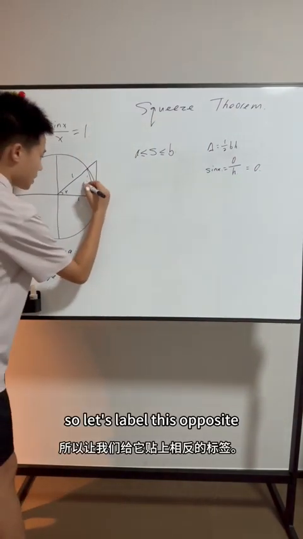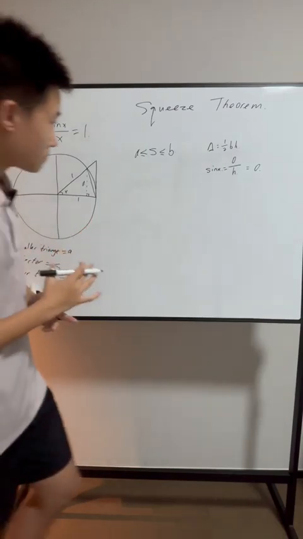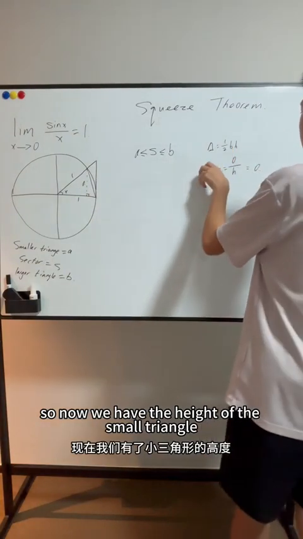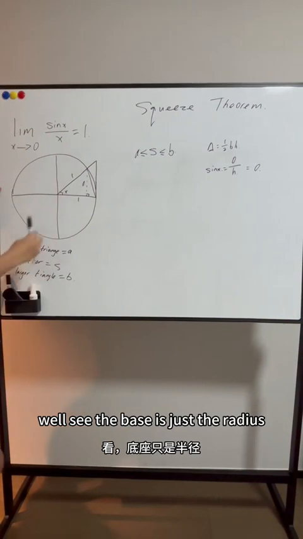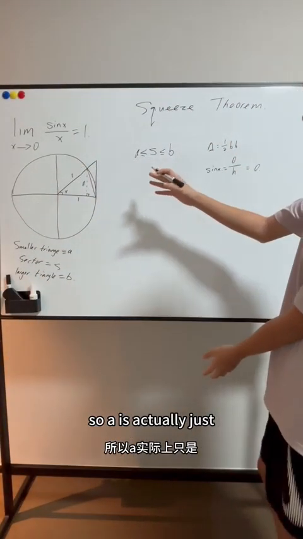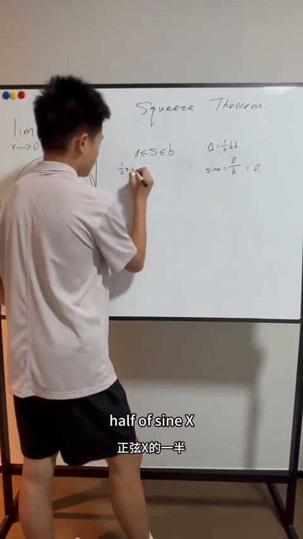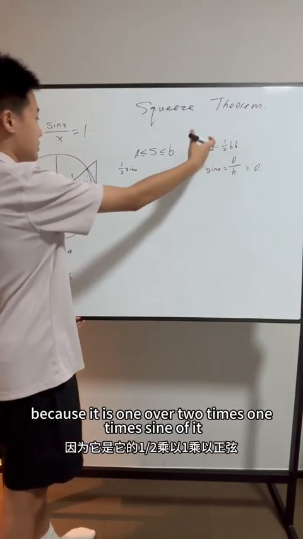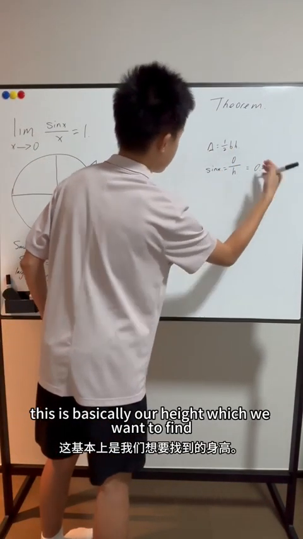Let's label this opposite. And we realize that this opposite is actually the height we want to find. So now we have the height of the smaller triangle. What about the base? The base is just the radius, so the base is 1. So A is just half of sine of x, because it is 1 over 2 times 1 times sine of x, which is our height.